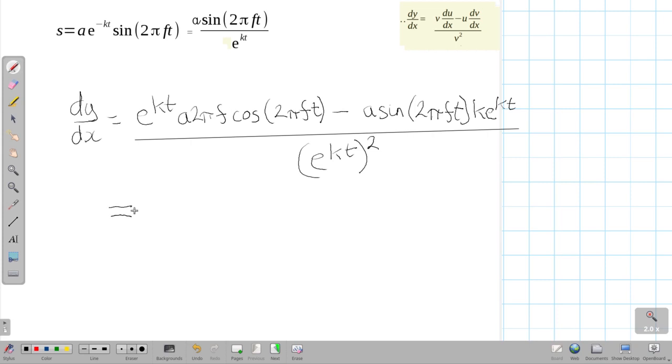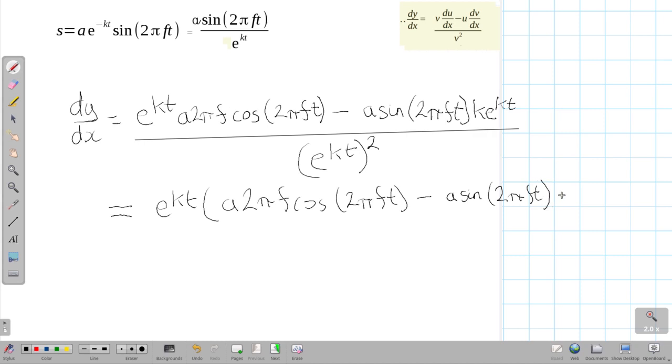If we do a bit of simplifying and rearranging, what I'm going to do is take the e^kt outside of these two terms as a common factor, like thus, bracket a 2 pi frequency cosine 2 pi ft minus, just going to leave a bit of a gap there, sine 2 pi ft, for a reason that will become obvious in a second, and then this k I'm going to bring to the front here.